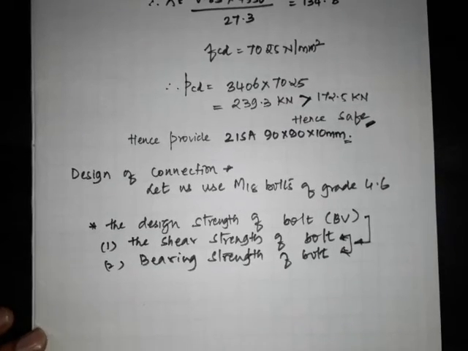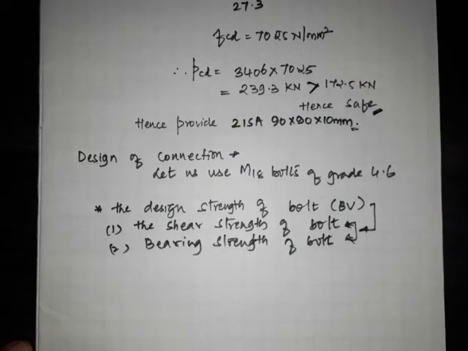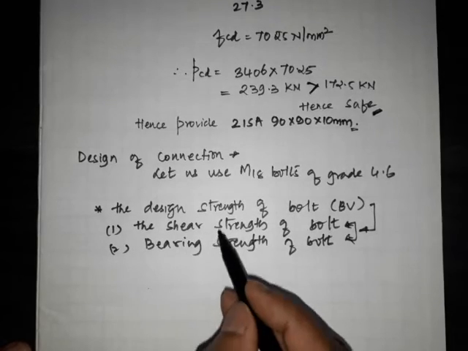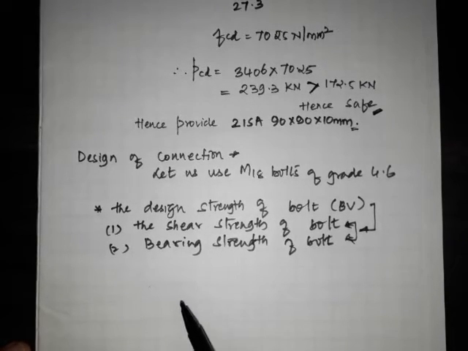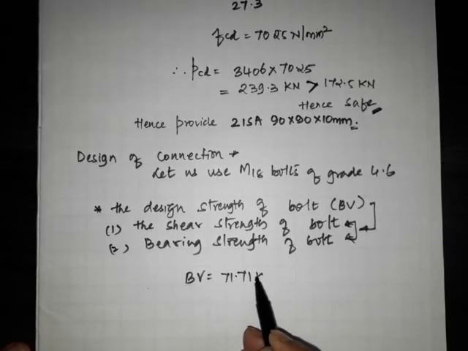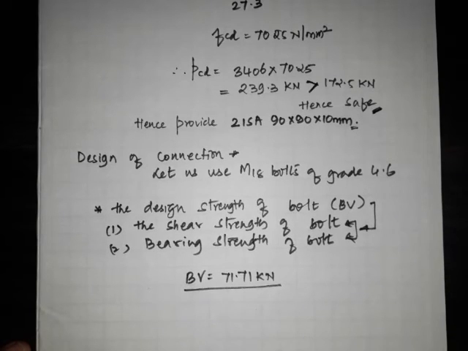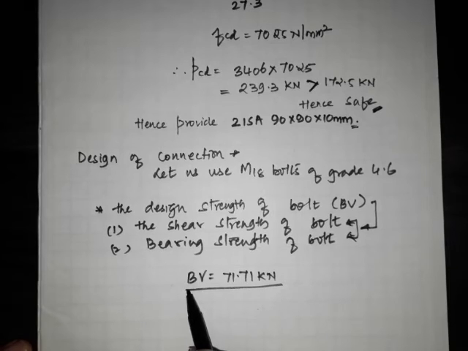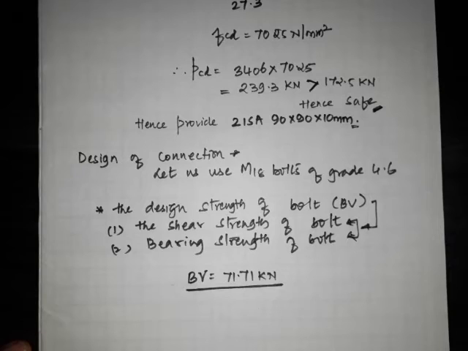After the calculation we get the bolt value as 71.71 kilonewton. I will not repeat how to calculate the bolt value; I have explained it in problem number 1. If you have any doubts you can go back and check the videos of problem number 1.